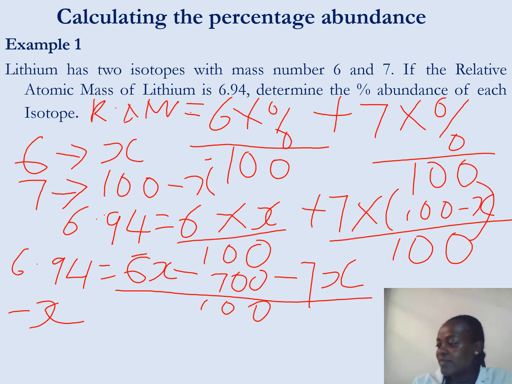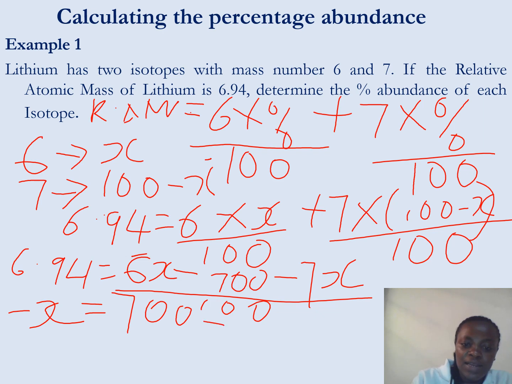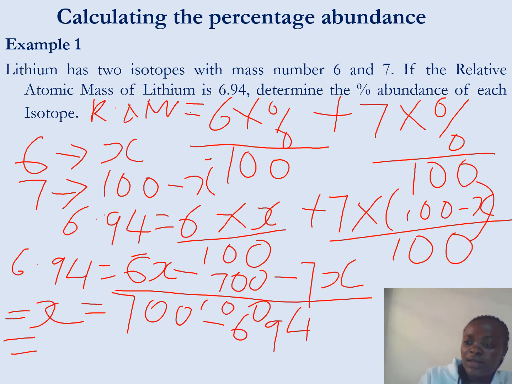Then we have 700 there. So we are going to take 694 to the other side. So minus X will be equal to 700 minus 694. So X will be equal to 700 minus 694, which is 6. So X will be 6.